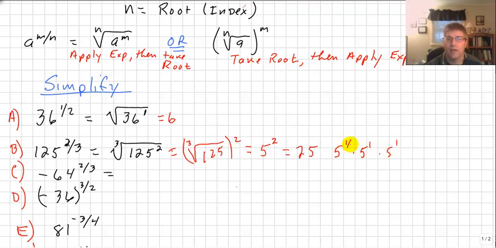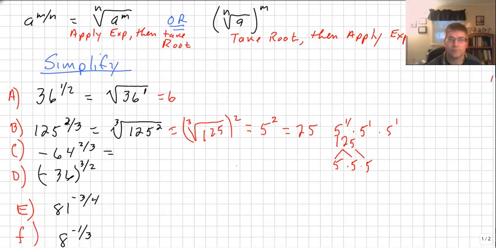So we could look at this as 125 factoring down into 5 times 5 times 5. So 2/3 of 125 to the first is 25. I hope that makes sense to you.